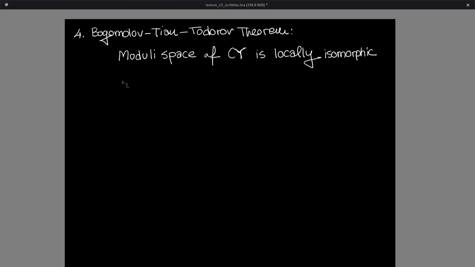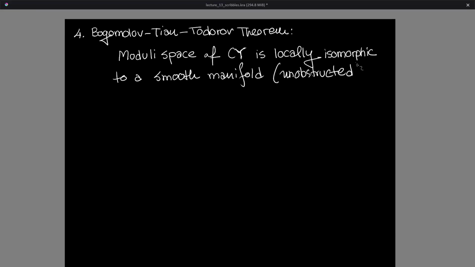It says that something called the moduli space of a Calabi-Yau, and not a Kähler manifold, but specifically a Calabi-Yau, because of the Calabi-Yau condition of vanishing first Chern class, Ricci flatness, is locally isomorphic to a smooth manifold, and importantly, it's unobstructed, which is pretty rare.